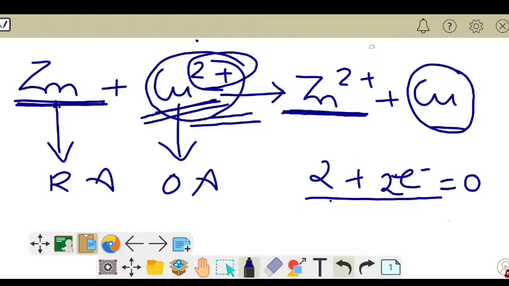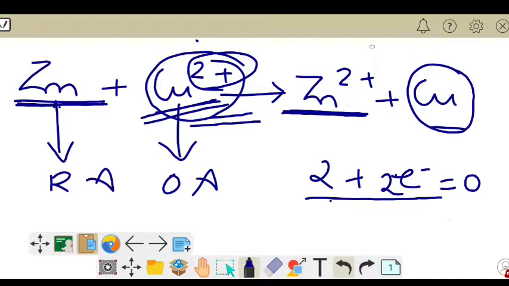It has to get oxidized, then only it can reduce the other metal. Similarly, copper as an oxidizing agent itself has to get reduced. It will take up electrons, then only it can oxidize the other element. So you have learned in school that oxidizing agents get reduced and reducing agents get oxidized.